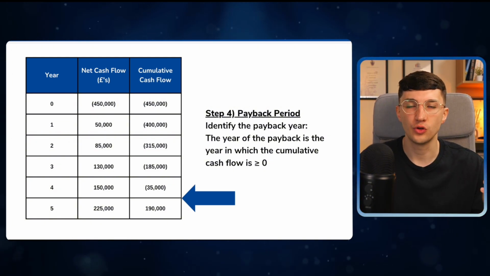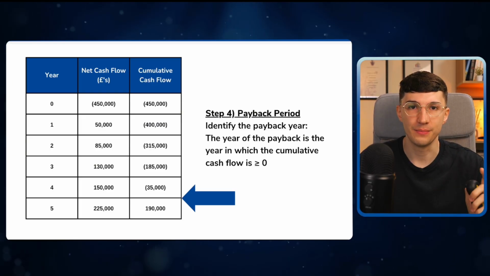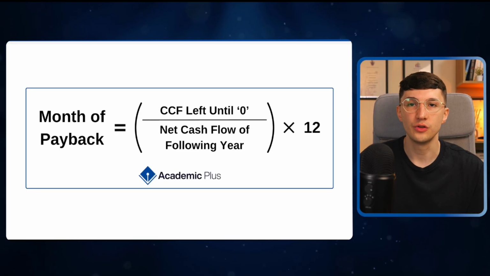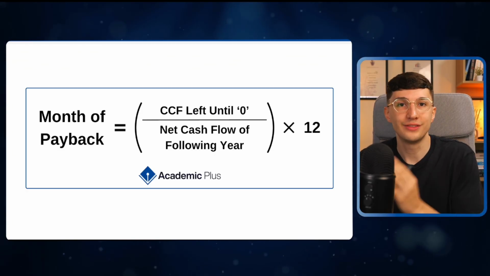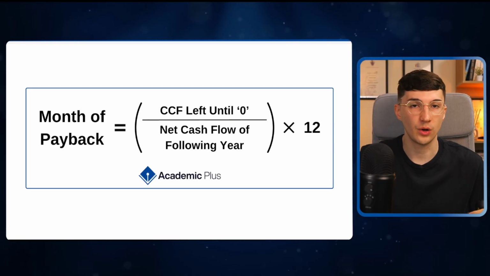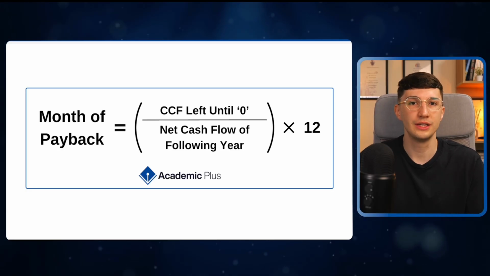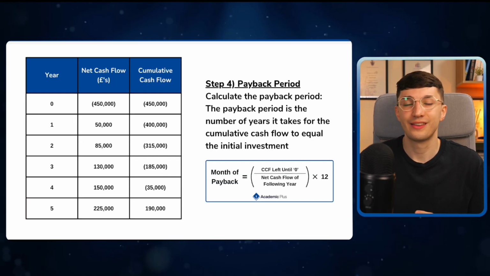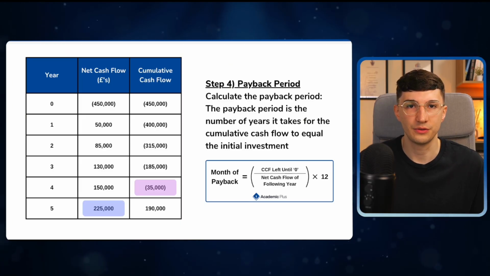But how on earth do we calculate the something months? Well, really, really simply. All we need to do is take how much is left in our cumulative cash flow until we hit 0, divide that by the net cash flow of that following year, and of course times by 12 because that's how many months there are within a year. So in terms of how much cumulative cash flow we need until we hit 0, it's just £35,000.